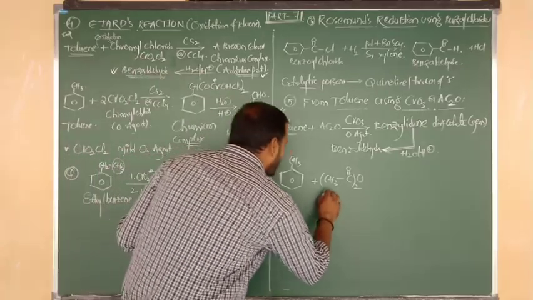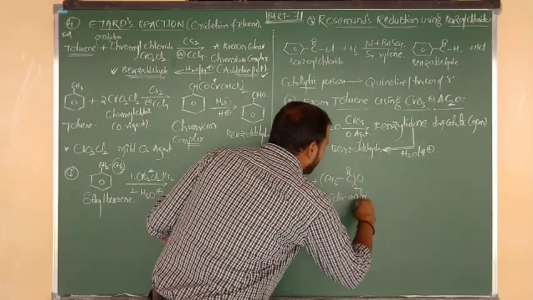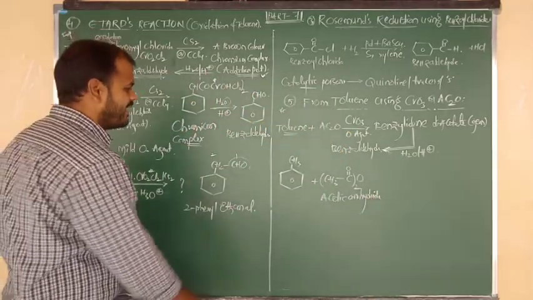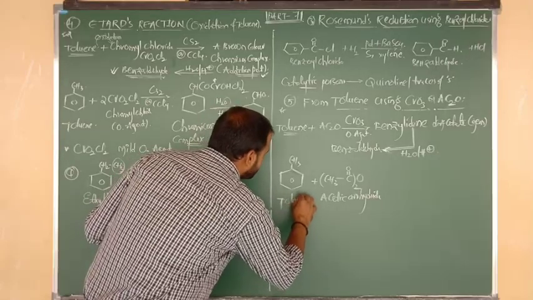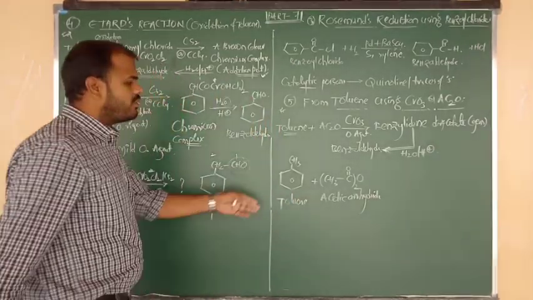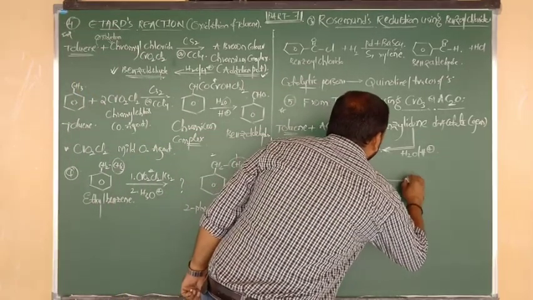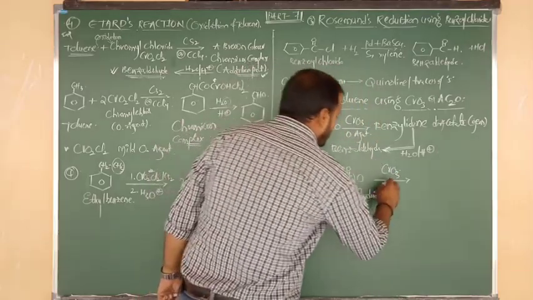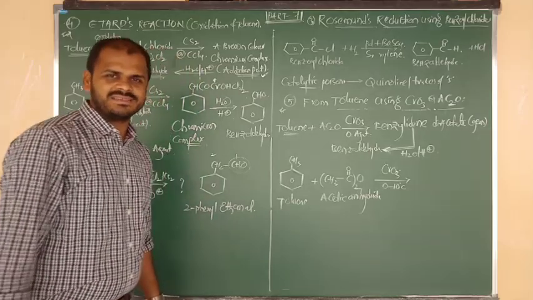This is the formula, and the compound is called acetic anhydride, an example of an acid anhydride. The name of this reactant is toluene, also called methyl benzene. So toluene reacts with acetic anhydride in the presence of the oxidizing agent CrO3, and the reaction takes place at a temperature of 0 to 10 degrees Celsius.